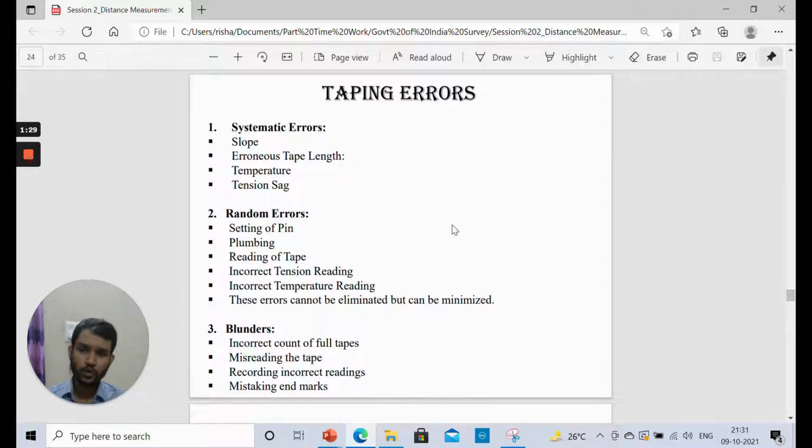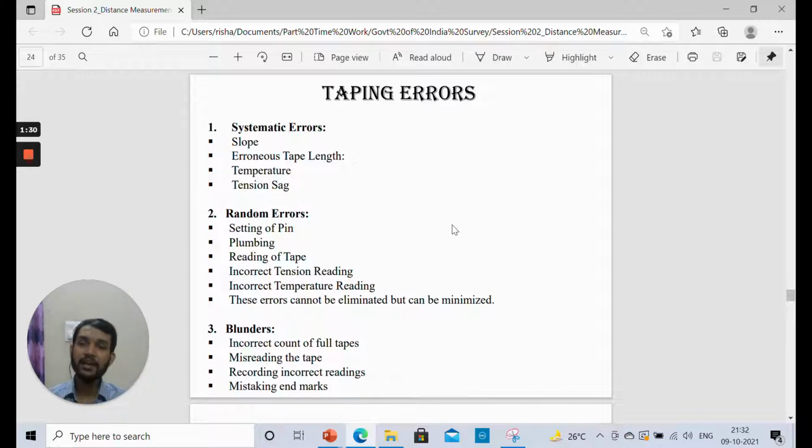How do they occur? Maybe during setting of the pin. When you were installing the chaining pin on the station, which you found using that taping procedure, you may have located the pin just before or maybe just after. So in both cases, you will get either a positive or negative error.